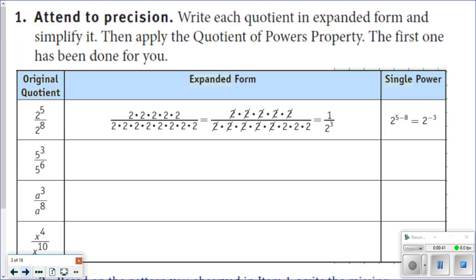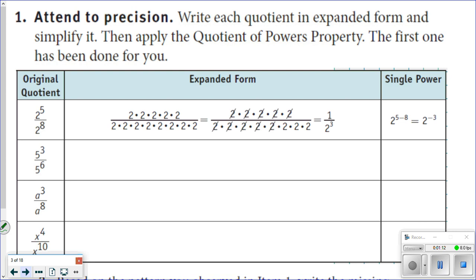So write each quotient in expanded form and simplify it. Then we're going to apply the quotient of powers property. And the first one, the table has been done for us. So if we look, we have 2 to the 5th power divided by 2 to the 8th power. Now, 2 to the 5th power is 2 multiplied by itself 5 times, and 2 multiplied by itself 8 times.